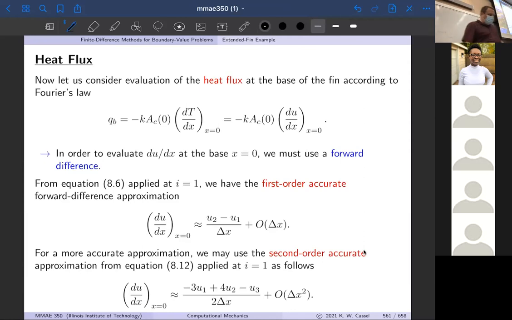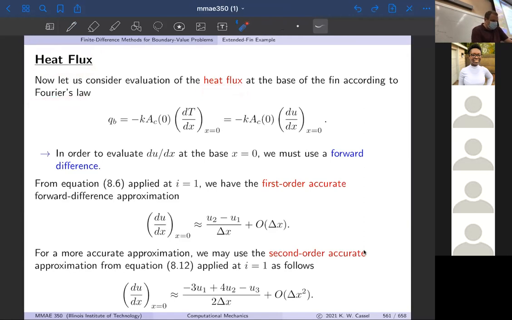All right, now one thing you might want to know is what is the heat flux out of the base of the fin? How much heat is being drawn out by the presence of the fins in order to cool the hot running computer chip, poorly designed hot running computer chip. So to calculate the heat flux, use Fourier's law again.